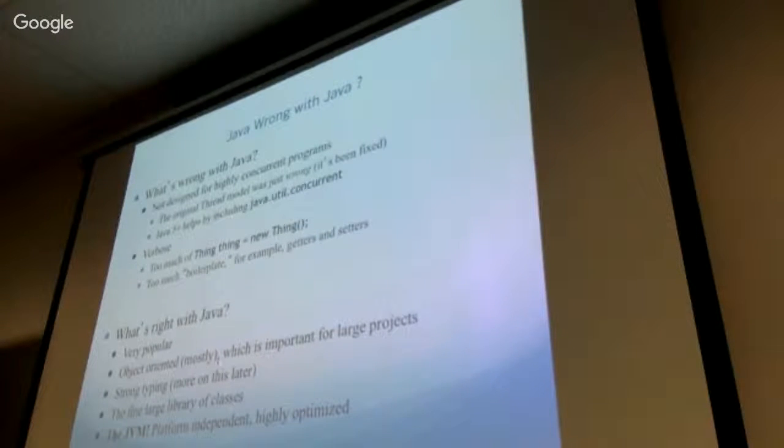It's mostly object oriented, and I will talk more in the next slides about why I say mostly and not entirely. It requires strong typing, which means you have to define your types. That's a good thing because you can find your problems at compile time itself and don't delegate them to the runtime.